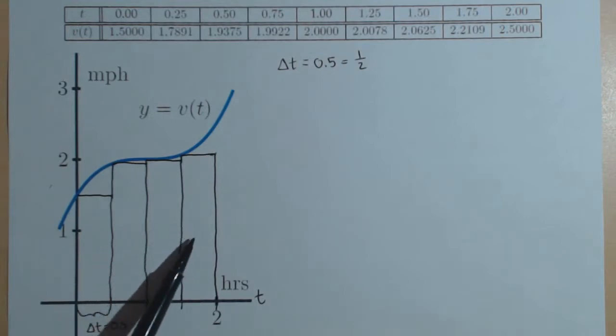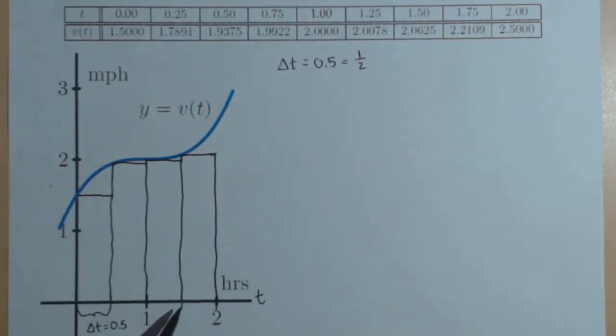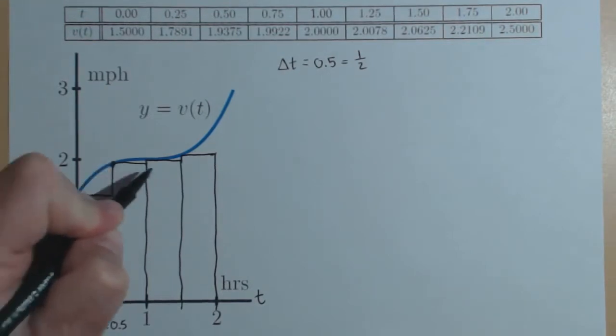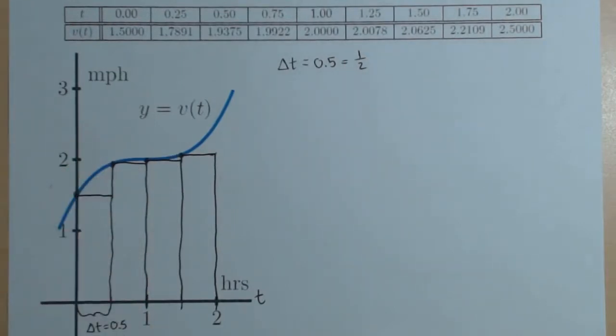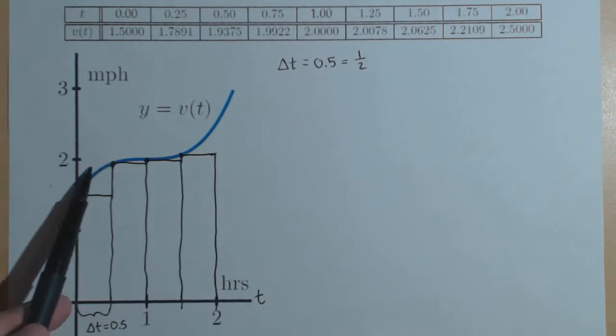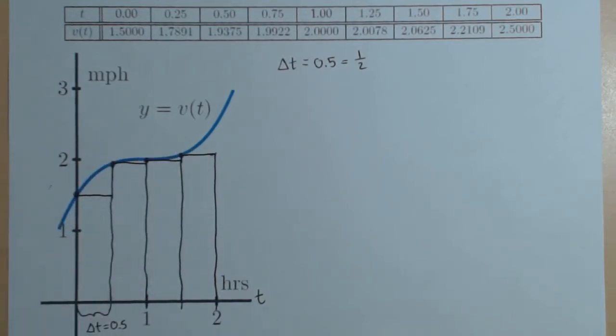I need to figure out the area of each of these rectangles. Notice each of them has a width of 1/2, so what I really need are the function values at these points. These are the left-hand corners of the rectangles, so this is known as a left-hand rule or a left-hand sum. I could have just as easily used the right hand and drawn the tops of my rectangles that way.